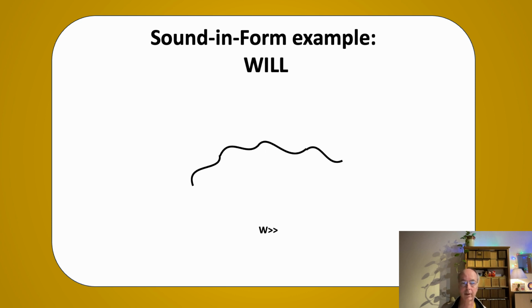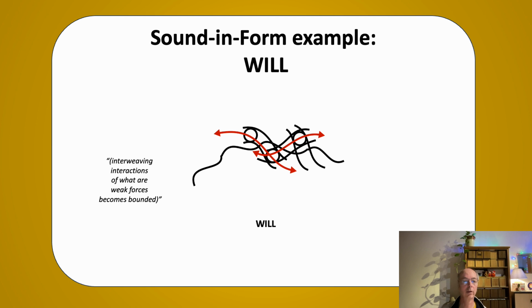Next to will, the W, you understand as these waves that have variations here, as you can see. And the will with the double L will use and find interconnections, kind of interweaving connections.